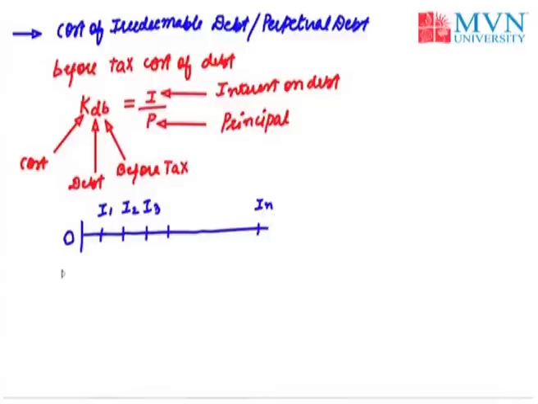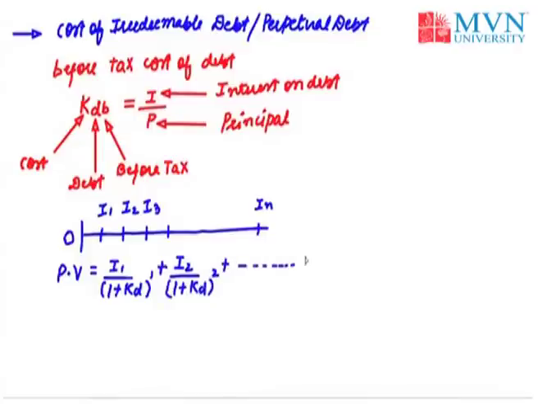That is, we are going to earn a series of payments of interest. So if we wish to calculate the present value of these interests, then applying the formula of time value of money, it will stand to I1 divided by the cost of debt raised to the power of the number of year, that is 1, plus interest in the second year divided by the cost of debt raised to 2, up till the whole life of debt. We also know that the interest rate earned by an investor by investing in debt remains the same.